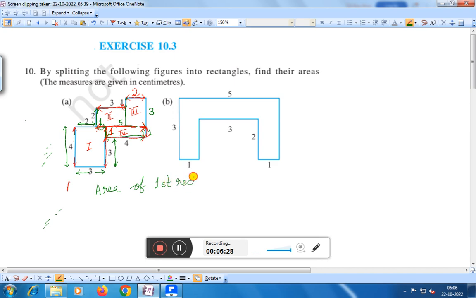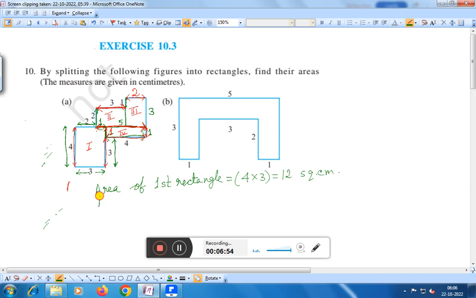The area of the first rectangle is equal to length 4 and breadth 3, that is 4 into 3, that is 12 square centimeter.